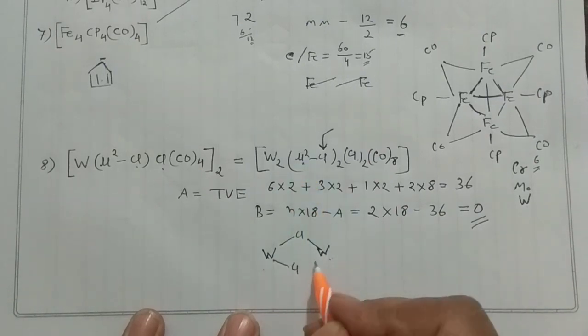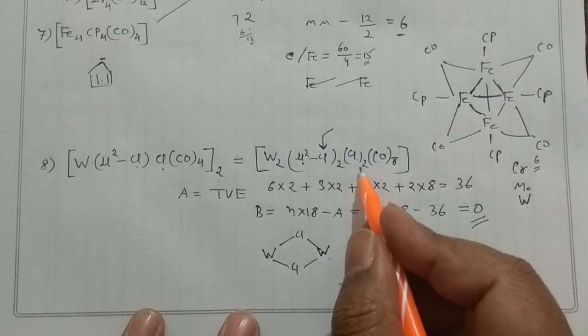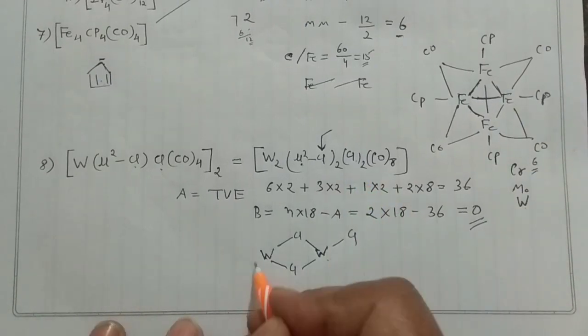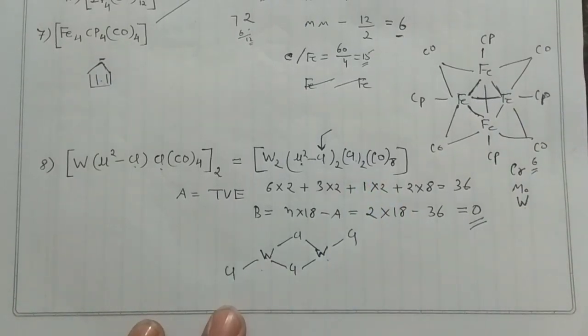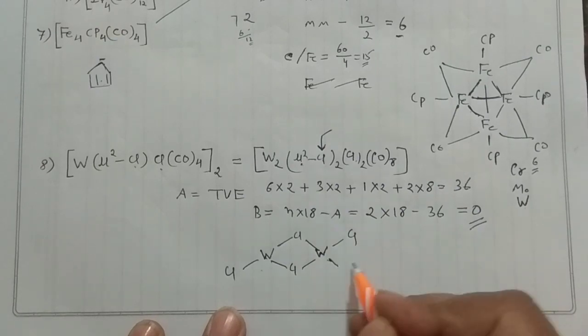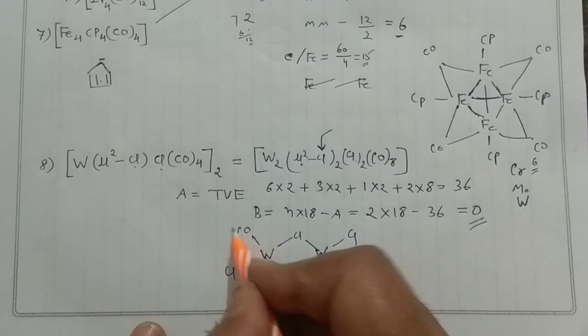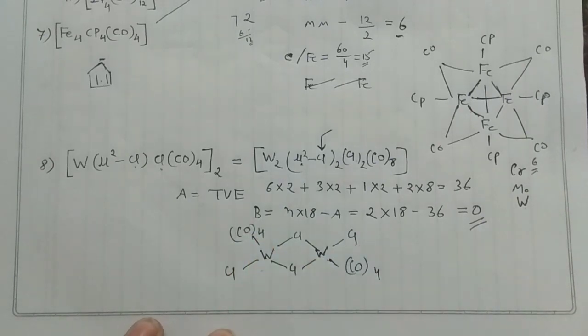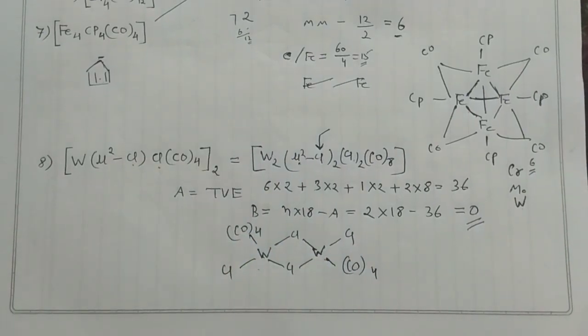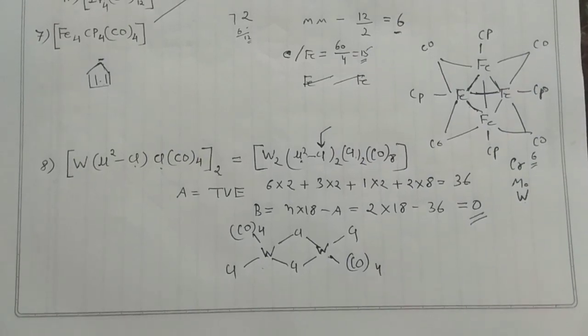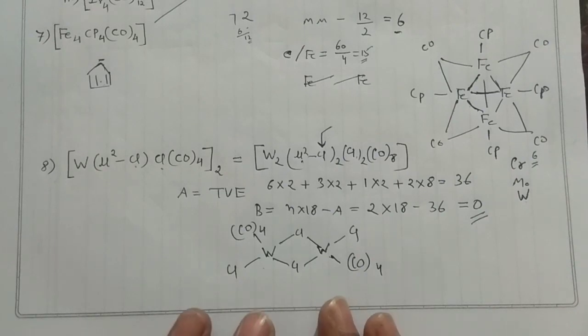Then again you're having this chlorine and then two terminal chlorines. One you can give to this one, one to this one, and then your 8 carbonyls, CO4 and then CO4. Okay guys, very sorry, this was the wire of my mic actually. Okay, so this is the structure.